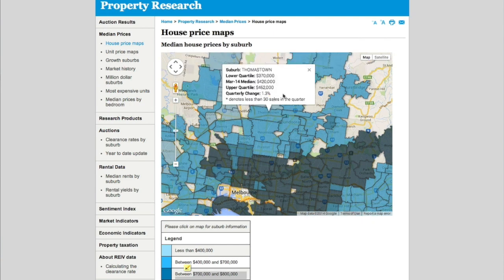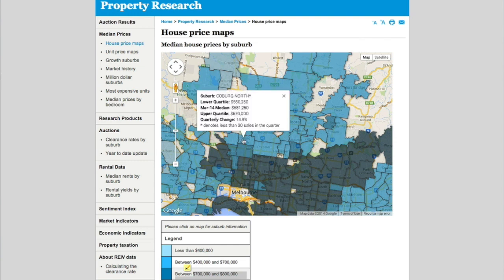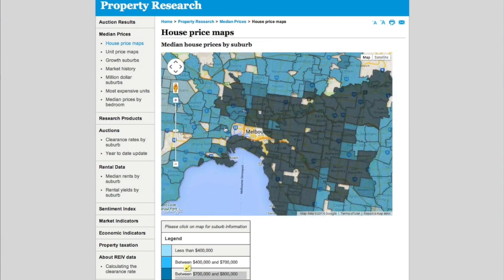Thomastown 1.3, up, so Thomastown could be something to look into. I wouldn't go too far, because then it's right at the end of it. But places like Coburg, for example, 14.9%. Wow, that's pretty good. That's what the growth has been in Coburg North.